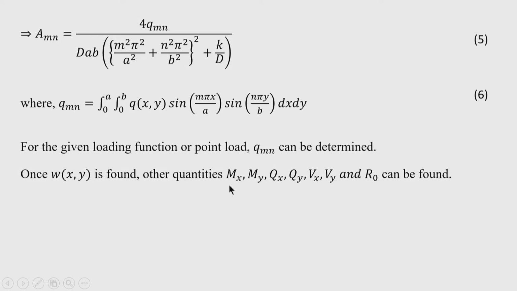Bending moment in the x direction, bending moment in the y direction, shear force along the x axis, shear force along the y axis, twisting shear along the x axis and y axis, and corner reaction R naught, because there are 4 corners. So, at 4 corners we will get lifting up force. With that formulation, the speciality is that the modulus of subgrade reaction enters into the expression.